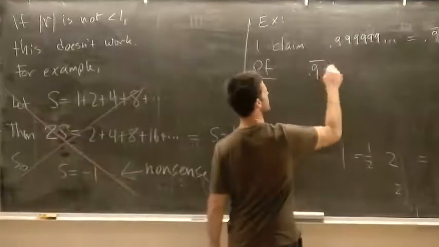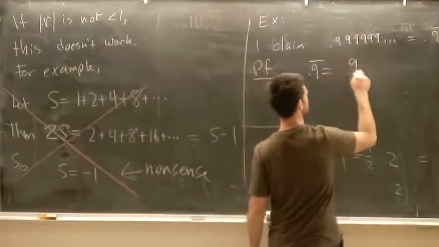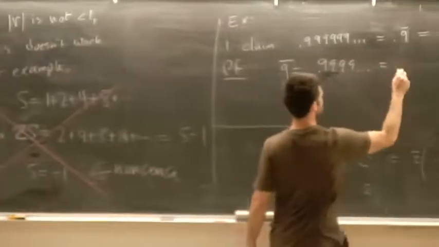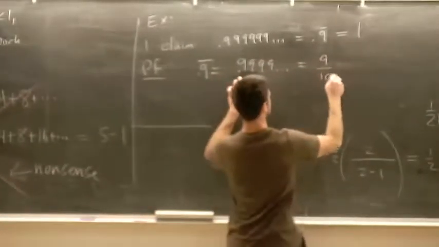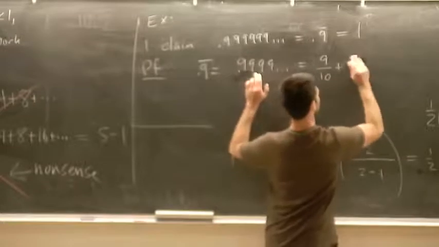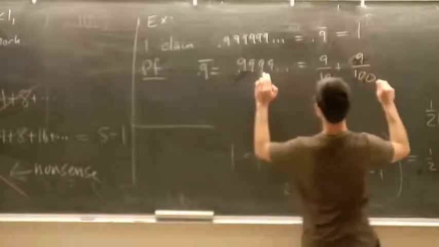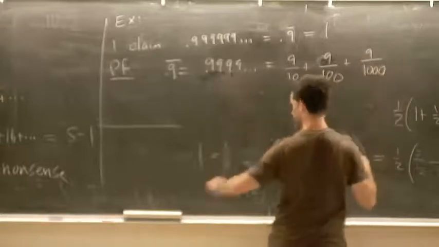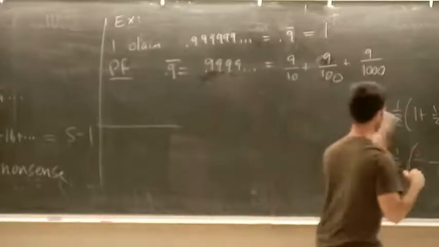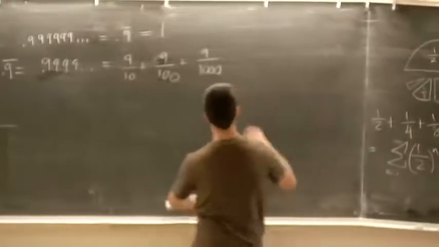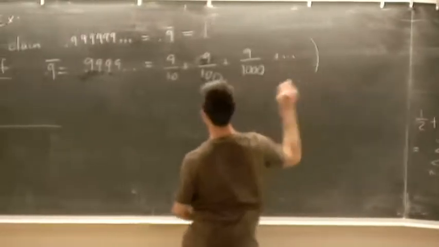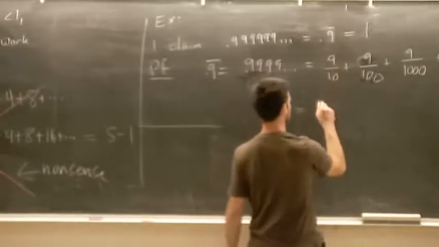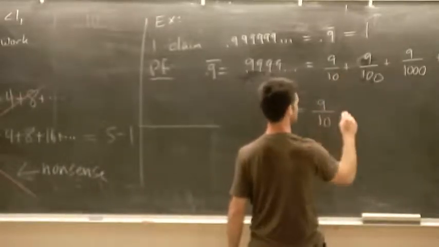So 0.9 repeating, which is the same as, well, 0.9999999. So that's a 9 in the 10th place, a 9 in the 100th place, a 9 in the 1000th place, and, oops, let me just factor out the 9 over 10.